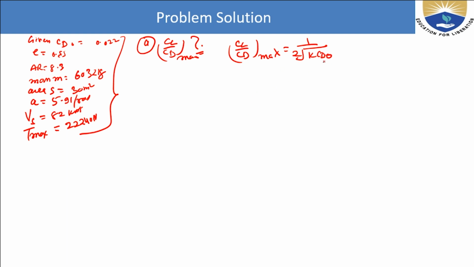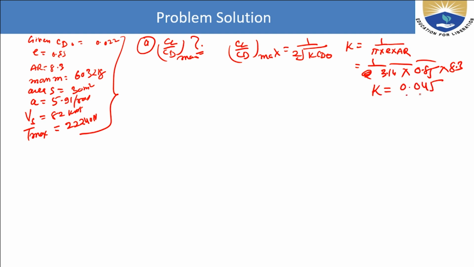Here CD naught is given, we have to find out K. So we know that K is equal to 1 by pi into e into aspect ratio, which is 1 by pi 3.14 into 0.85 into aspect ratio 8.3. So K we will get 0.045.